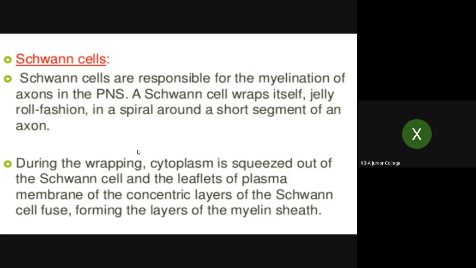A Schwann cell wraps itself jelly-roll fashion in a spiral round a short segment of an axon. At a particular distance they wrap, then there is a gap, then again the wrapping. During the wrapping, cytoplasm is squeezed out of the Schwann cell, and the leaflets of plasma membrane of the concentric layers fuse, forming the layers of the myelin sheath. In this way, by wrapping, it forms the sheath around the axon.